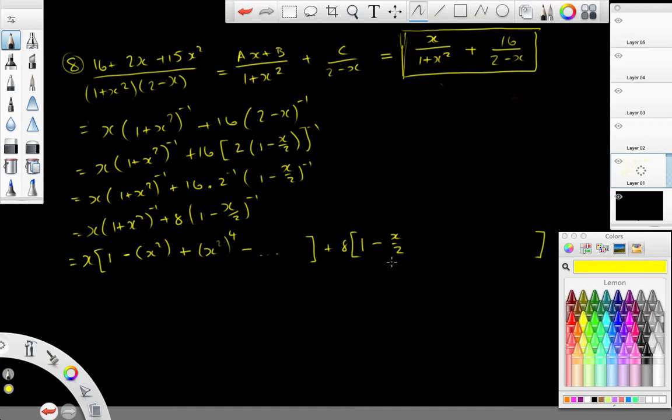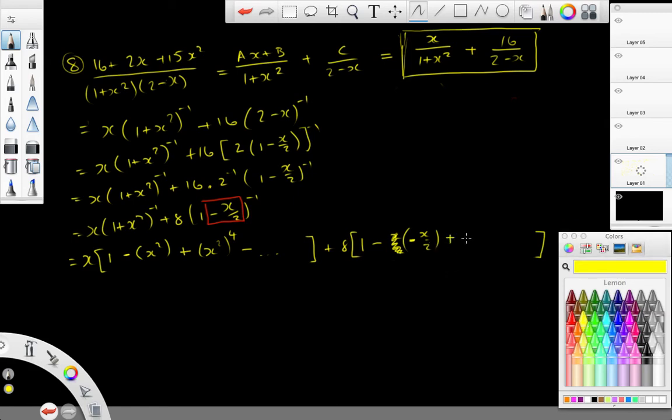Now wait a minute, what have we forgotten here? This is n, and then there's another minus here. So you need to remember that that's a minus there, otherwise it would mess the whole thing up.